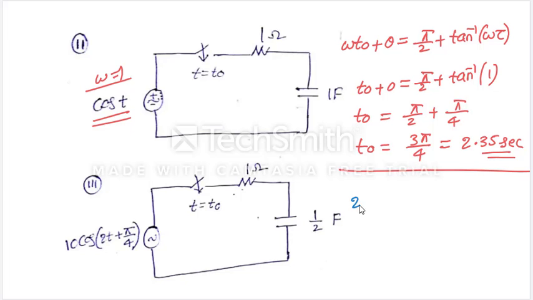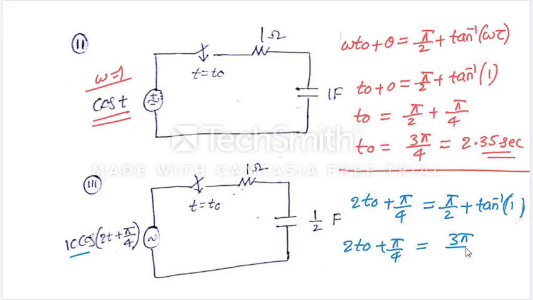Now do this one here. Omega is 2, so 2 t naught plus pi by 4 is equal to pi by 2 plus tan inverse of omega tau. Sorry, the value inside is completely 1 now. So 2 t naught plus pi by 4 is equal to 3 pi by 4.